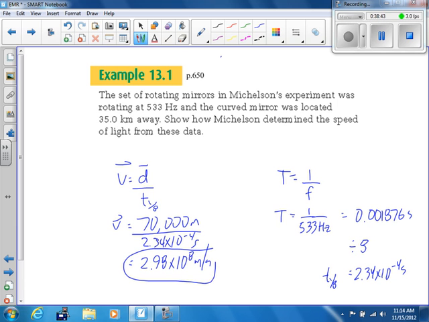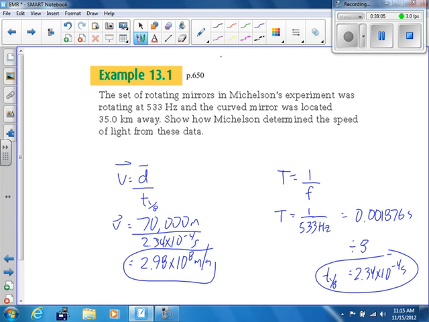All we had to be able to do here is recognize when the light was observed by the observer. We knew that that would be 1/8 of a revolution, and if we knew what the frequency of the rotating mirror was at that point, then we've just eliminated any kind of reaction time. Look at this. We got a time here of 2.34 times 10 to the negative 4 seconds.